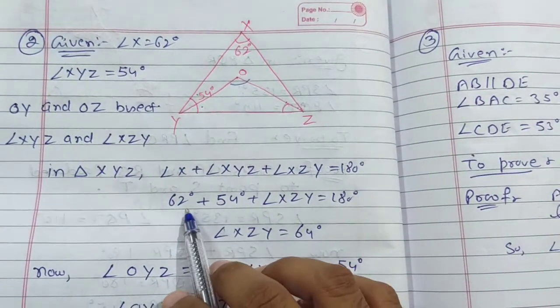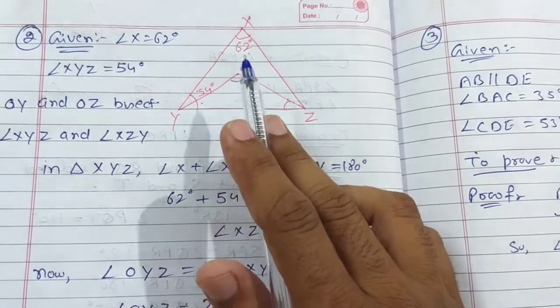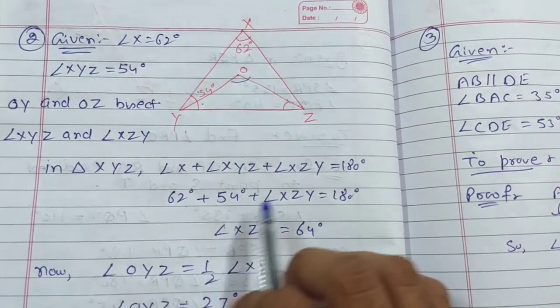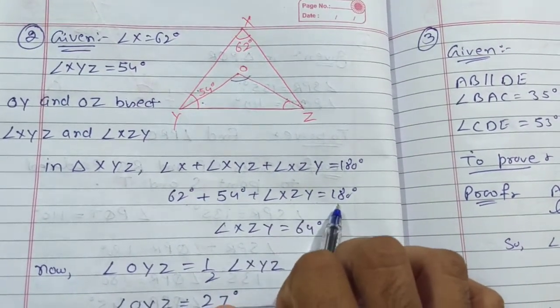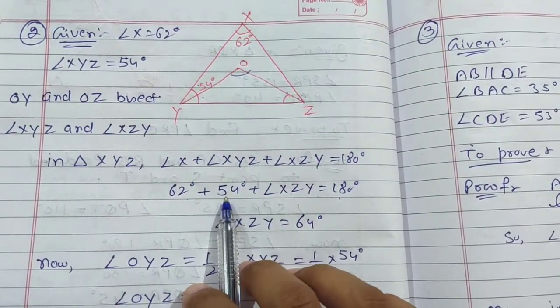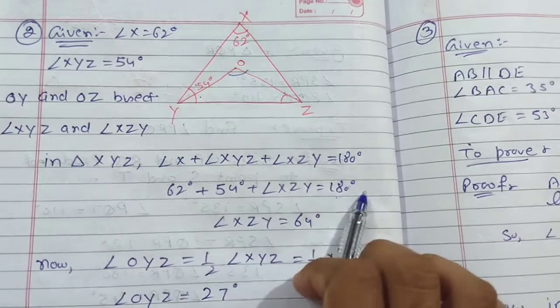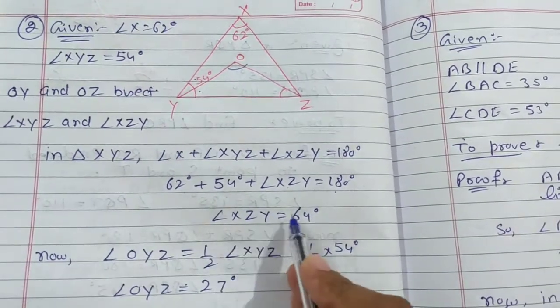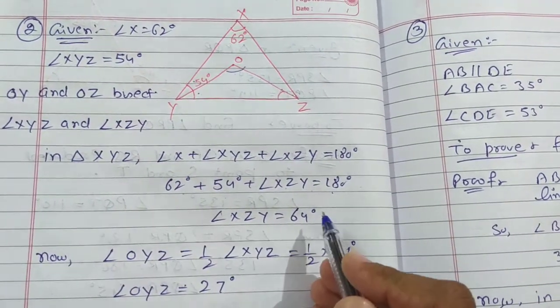Put these values: angle X equals 62 degrees, angle XYZ equals 54 degrees, plus angle XZY equals 180. So add these two numbers and subtract from 180, then XZY will be 64 degrees.